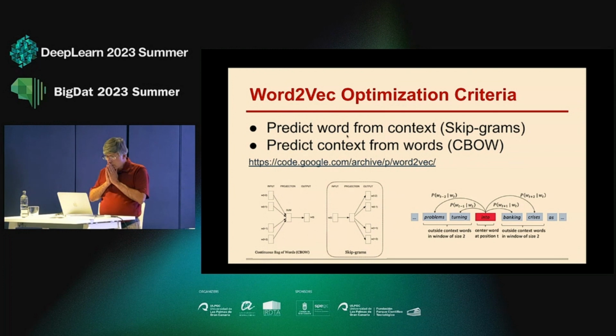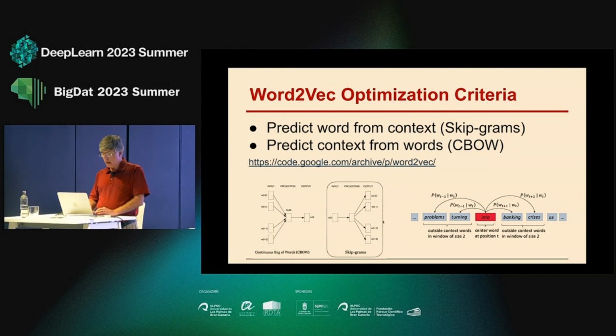The two conceptual differences are, one, you're given as input the words around one that is missing, and you try to predict the word that is missing. The second is you're given a word, you're told that this word is in the middle of a string of 4 words, and you try to predict what are the 4 words that were around it.